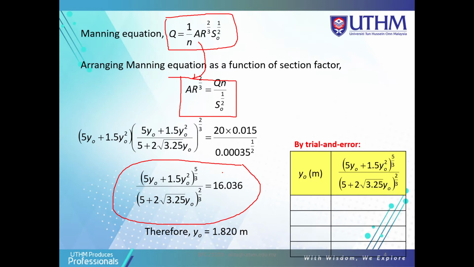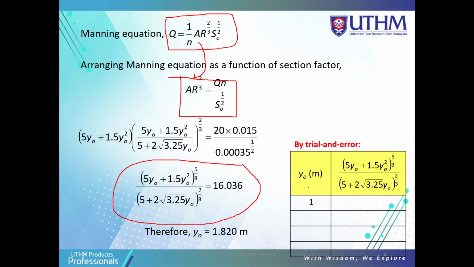You just put y naught in the first column here, and this value in the second column here. So you try and error, and first you assume that y naught is 1.